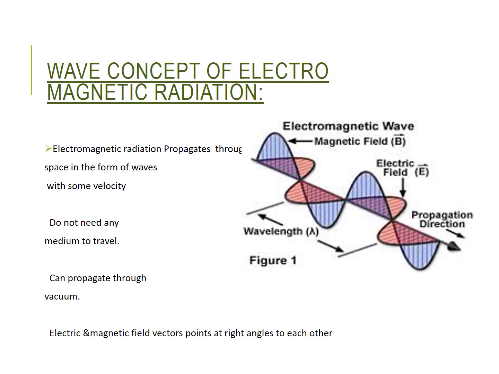According to the wave concept, the electromagnetic radiation moves through space in the form of waves like this with some velocity. They do not require any kind of medium like a solid or a liquid medium to travel. They can also propagate and move through vacuum. And as I have already told, the electric field and the magnetic field are perpendicular.